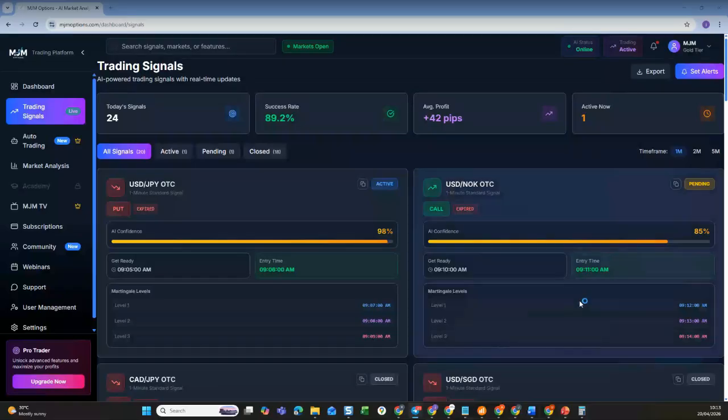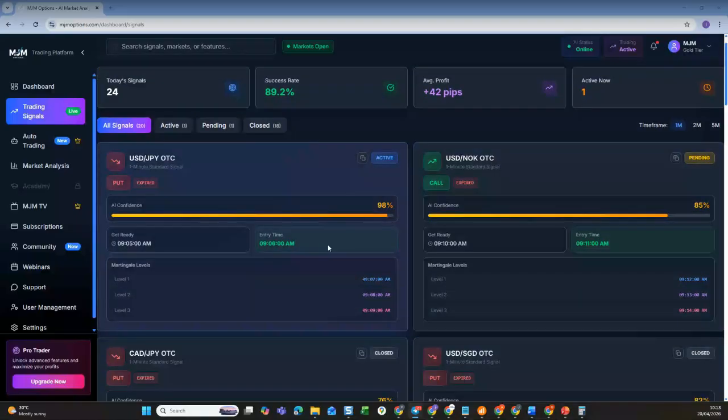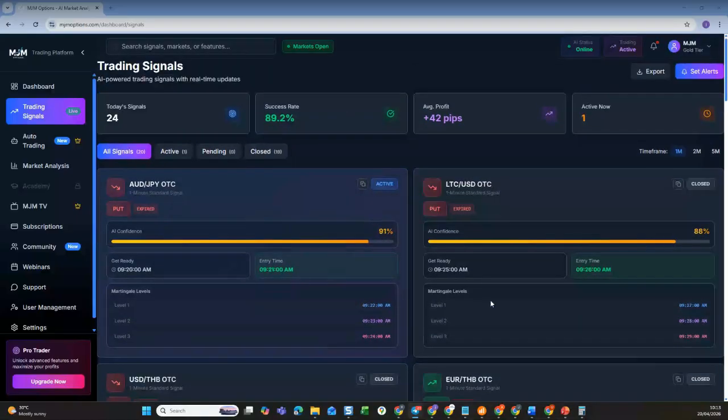The next part of this is the trading signals. This part here is the other side of the AI.